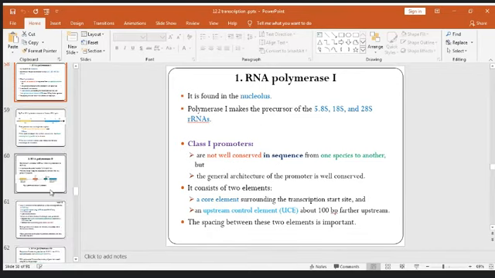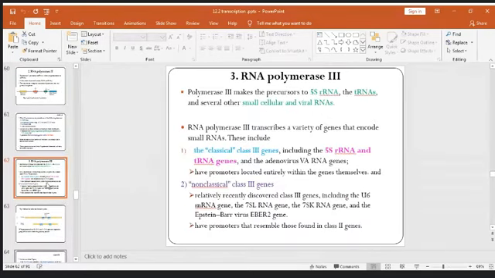That's why we are saying each of the eukaryotic RNA polymerases has its own specific function to synthesize specific types of RNAs.